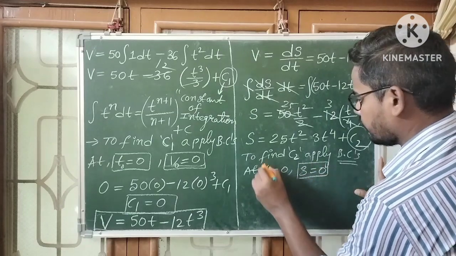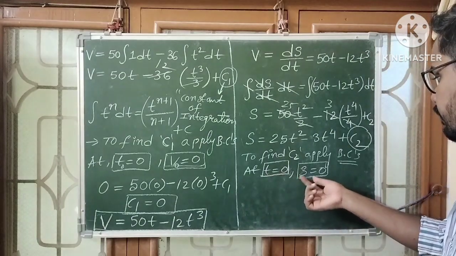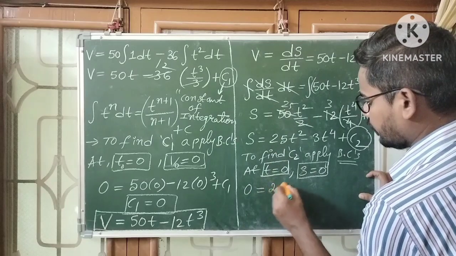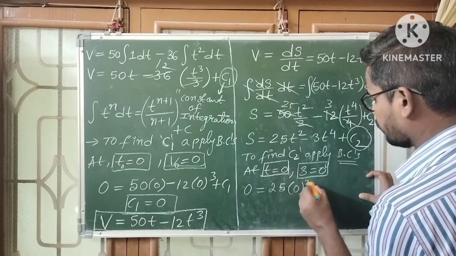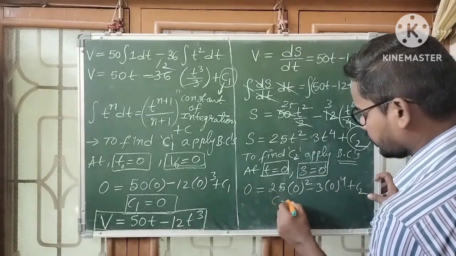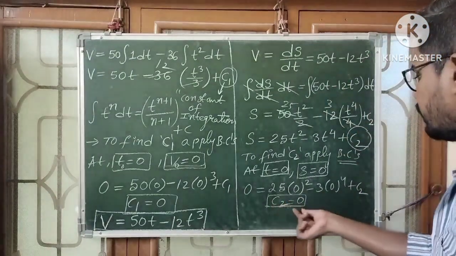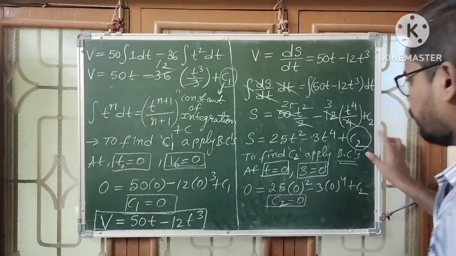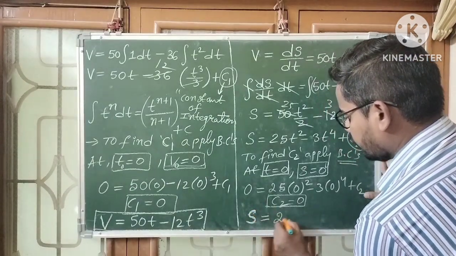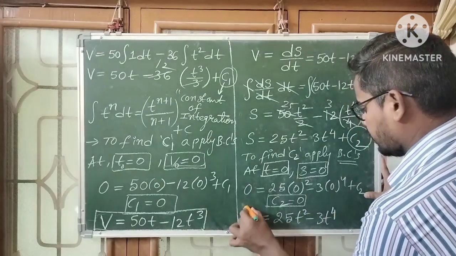So put s is equal to 0: 0 is equal to 25 into 0 square minus 3 into 0 power 4 plus C2. So what is the value of C2? C2 is equal to 0. Put C2 is equal to 0 in this equation and you will get the equation of position: s is equal to 25t square minus 3t power 4. This is the equation of position.